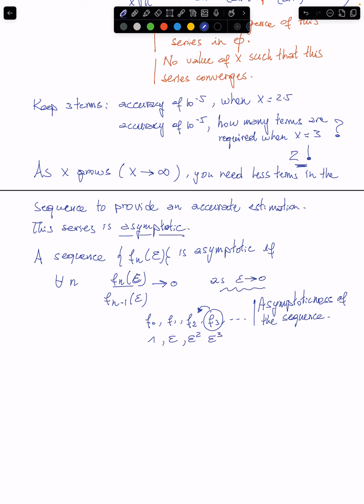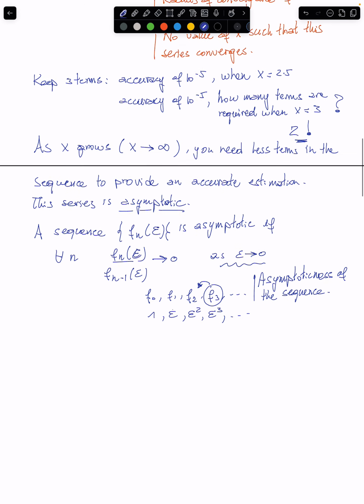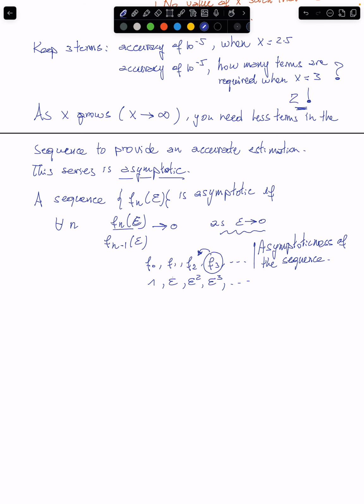If you use a sequence of functions like those, you see that any single term in that sequence is much smaller than the previous one as epsilon goes down to 0. All right, and this is called an asymptotic approximation. I hope this was clear. We're going to use those asymptotic approximations a lot in perturbation techniques because everything is based on that.